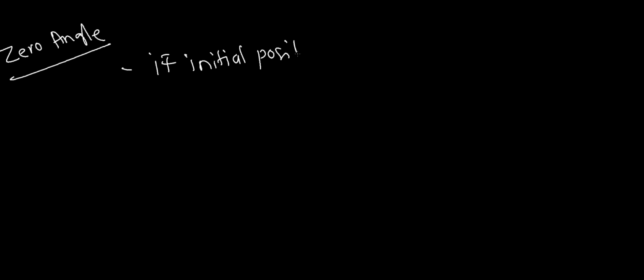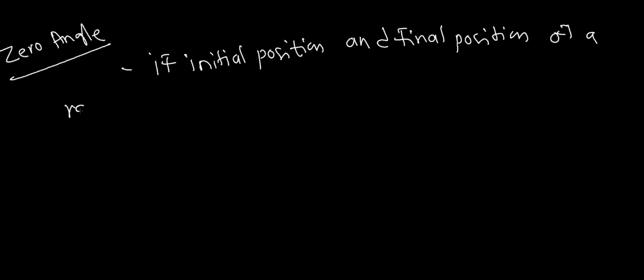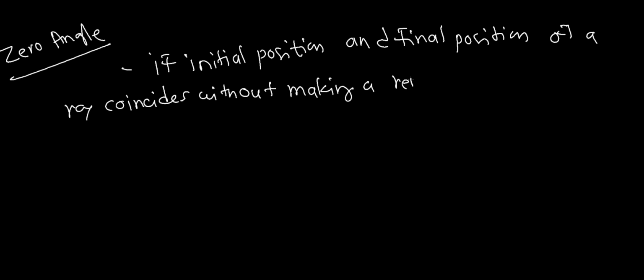Then zero angle. Zero means nothing, representing nothing, that is zero. So here if initial position and final position of a ray coincide without making a revolution.